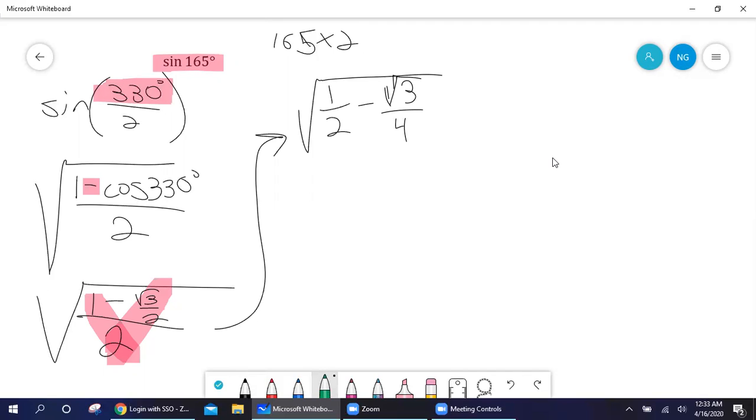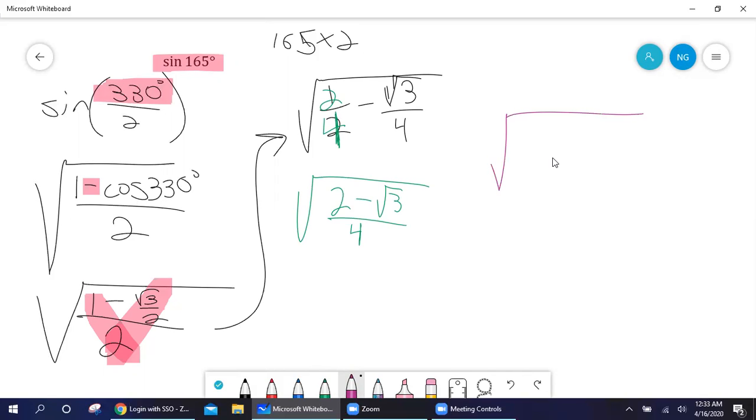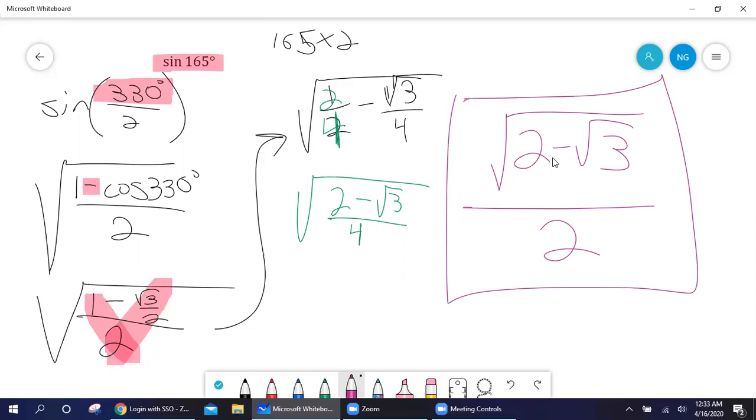So common denominators, this would be 2 fourths. So that's going to be 2 minus root 3 all over 4. And the last thing I can do is take the square root of the numerator and denominator. That would give me root 2 minus root 3. On the bottom, the square root of 4 is 2. And there's my final answer.